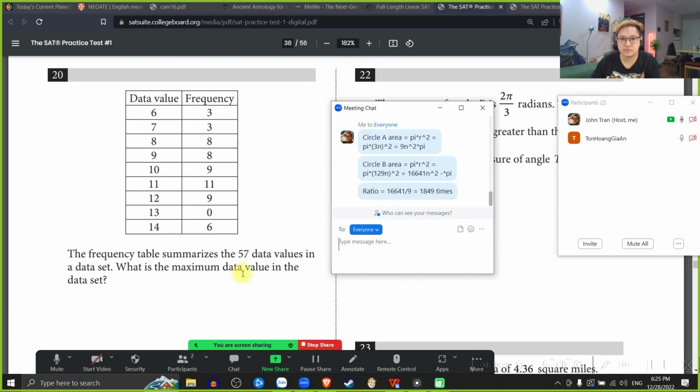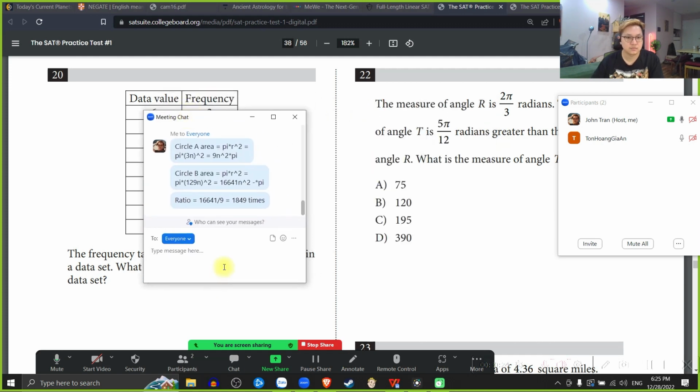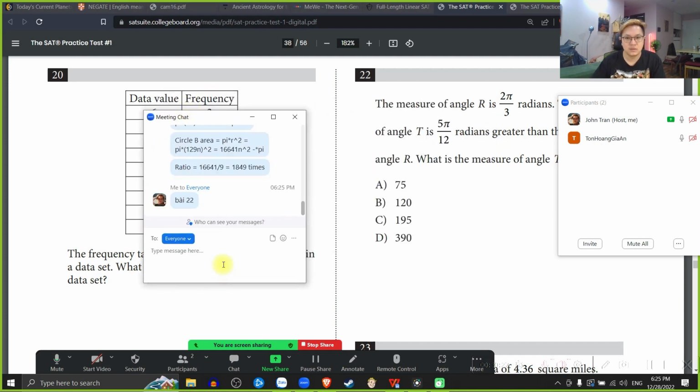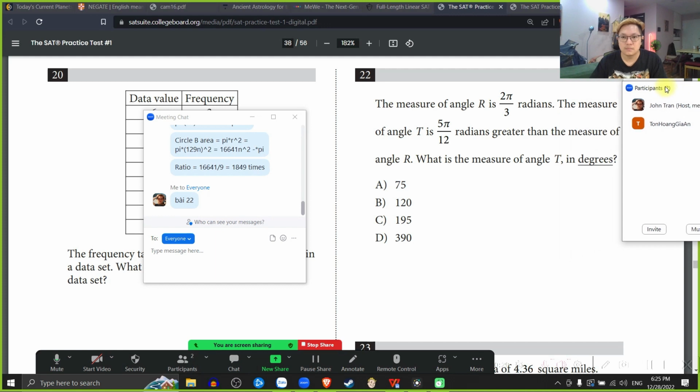Let's move on now. 22. The measure of angle R is 2 pi divided by 3 radians. Angle is different from angel, okay? Two different words.